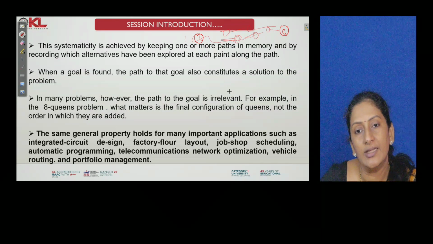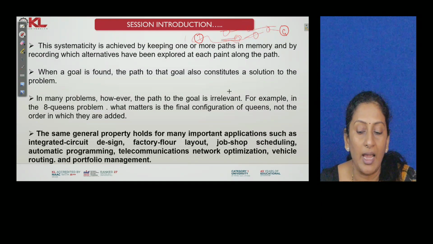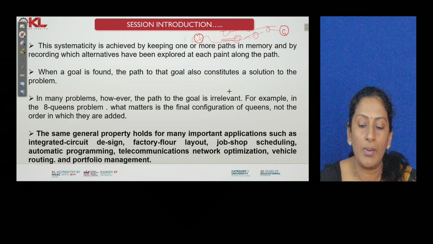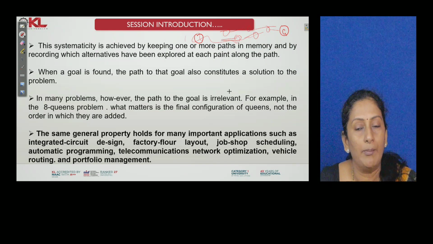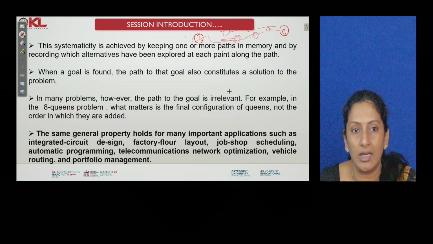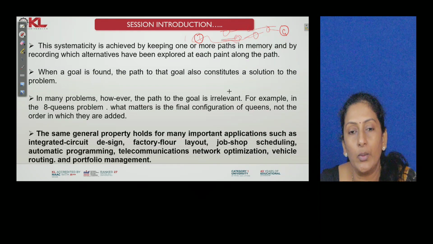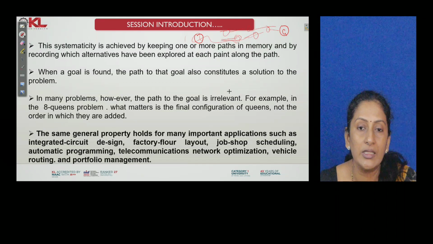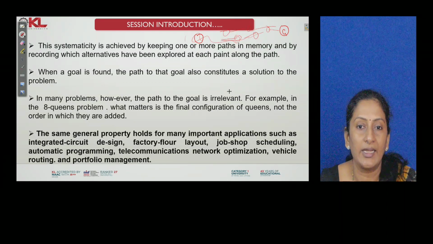Also, with local search, it is not always the case that we keep the entire path in memory. Some problems may have the total path as the answer, and some problems may not. For example, in the 8 queens problem, we need to arrange the queens in the rows and columns in such a way that no two queens attack each other.